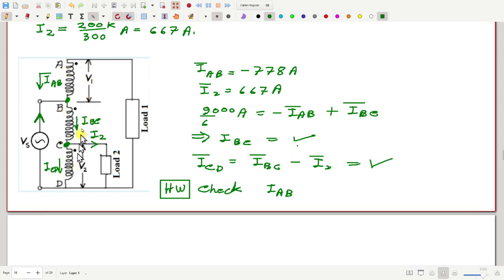All these are equal because it is 300 volt, 300 volt and 300 volt. So let's check whether IAB times 300 plus IBC times 300 plus ICD times 300 is equal to 0 or not. That should happen.